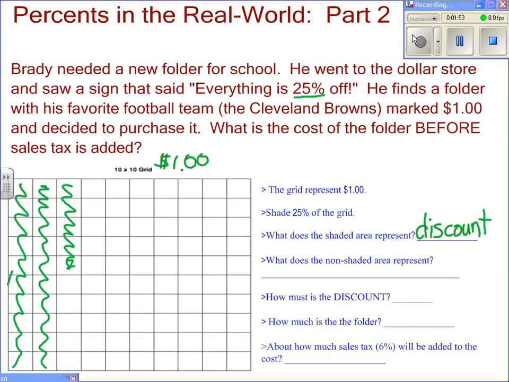Now the non-shaded area, everything that's in white, represents the cost after the discount. After, that's the key, after the discount.